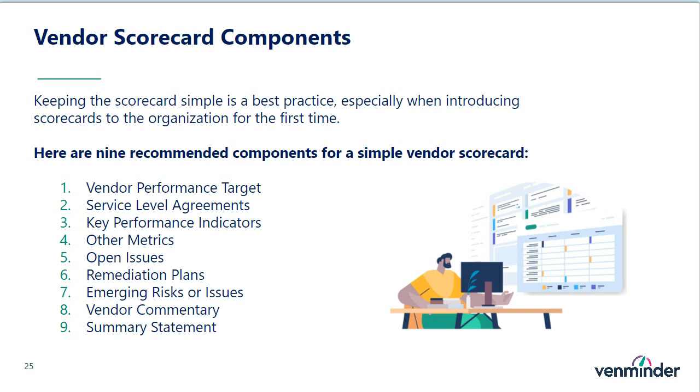If we have other metrics, we can include those. We want open issues. If there's issues, we want to see some remediation plans, some highlights of that, open issues and emerging risk or issues, as well as a place for vendor commentary and a summary statement. Now, let's look at a scorecard that uses all of this information.